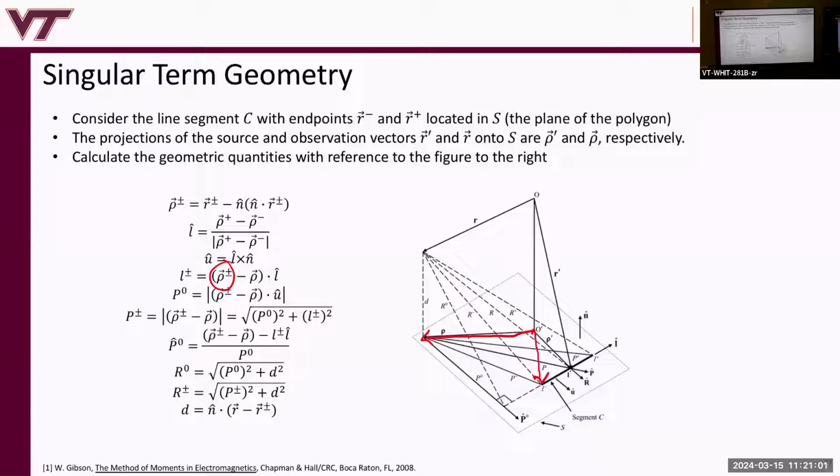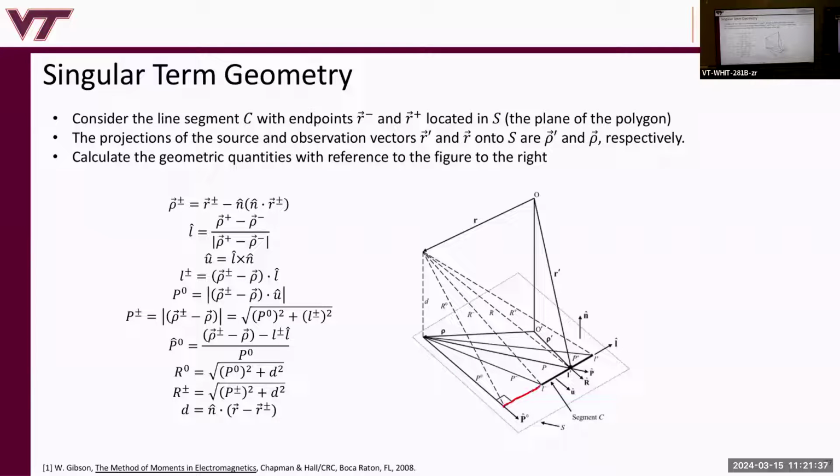We dot that, so that's going to be this vector, right? If you subtract them and dot that with L hat, which means this vector has these two components, then we pick up this vector only. And the length of that vector is obviously L minus.